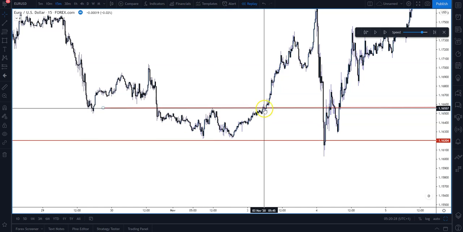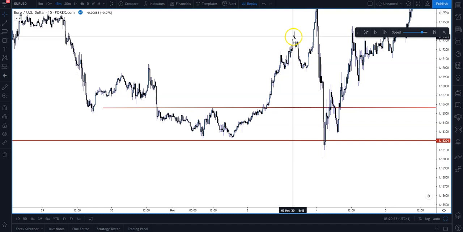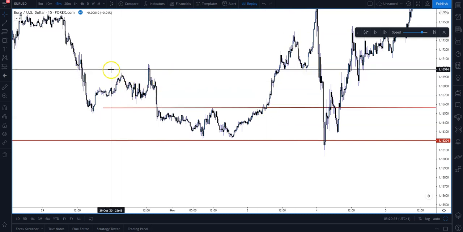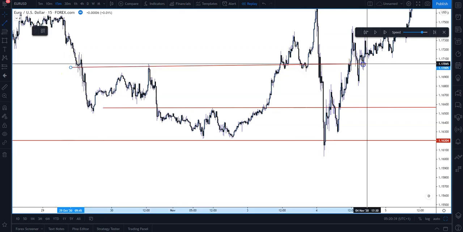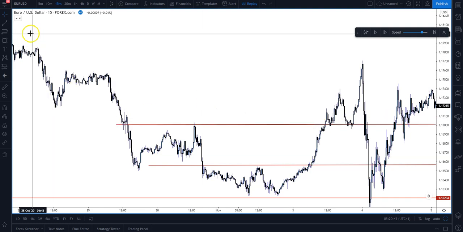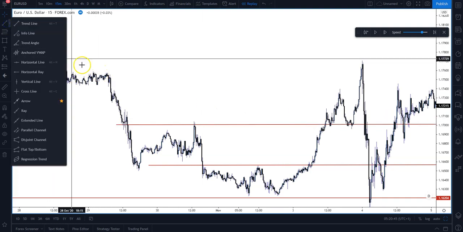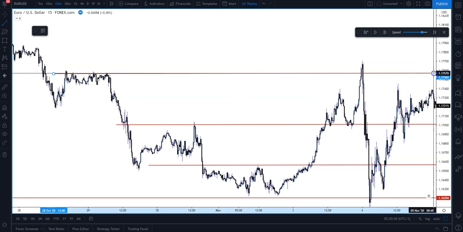Now, this just broke out. It didn't retest. It broke out and it retested this zone, which you could have taken a trade if you wanted to, but we would have taken the trade to the previous high right here.